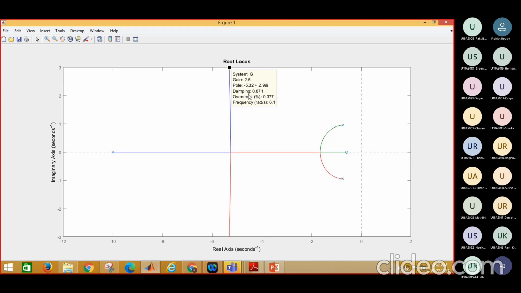Okay, now we sketch the root locus for your outer loop, then we check your amplifier gain. So when this rate gyro sensitive value is 2.5, my damping is 0.871.